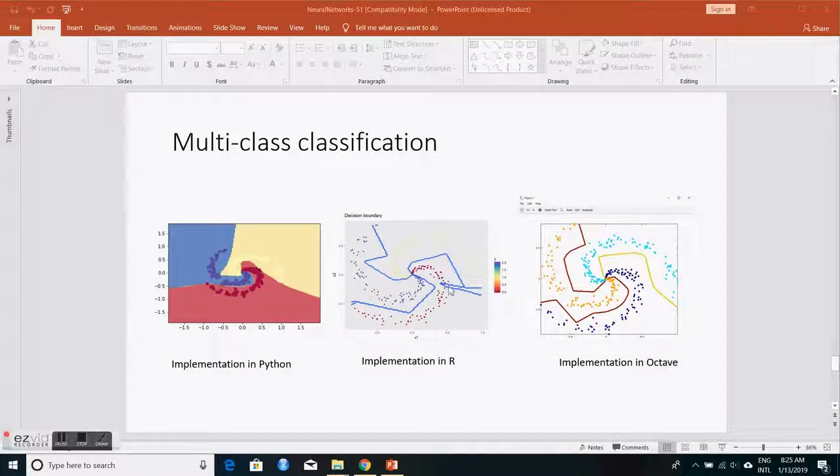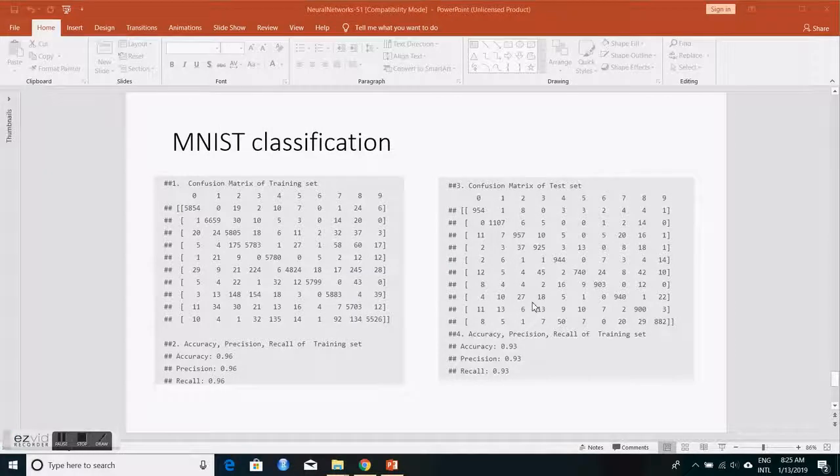This is in R, how it classified it, and this is in Octave. Again, this may look somewhat off with this new line here, but if you change the hyperparameters properly, you'll get a very nice clean separation for all the implementations.